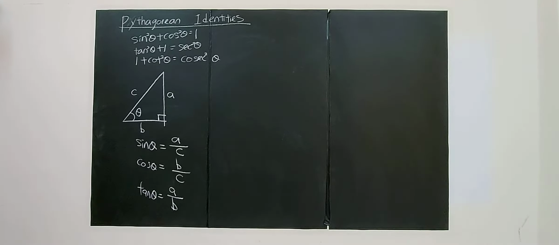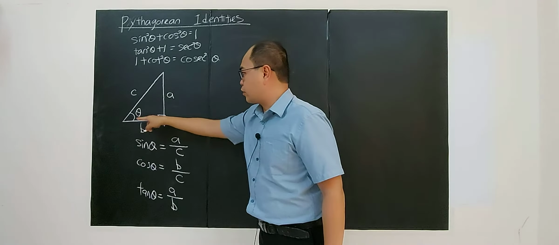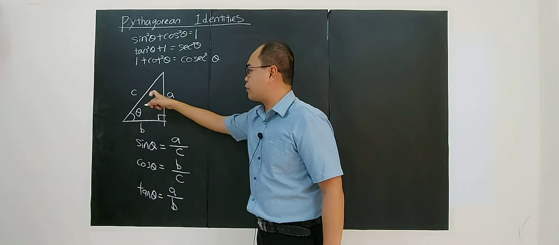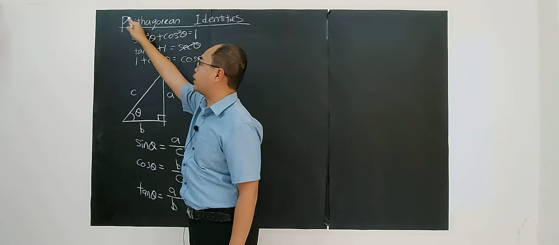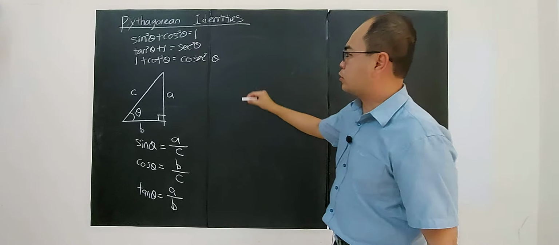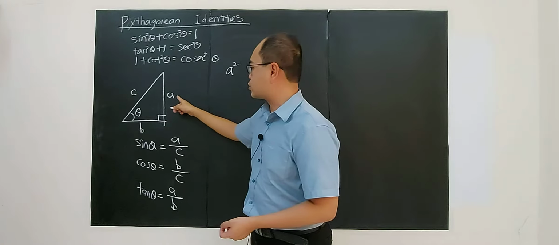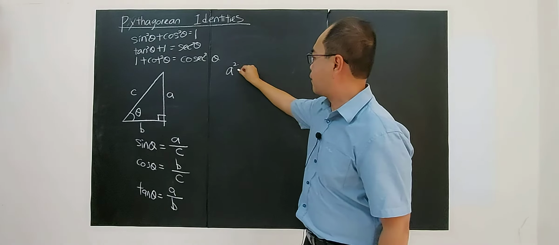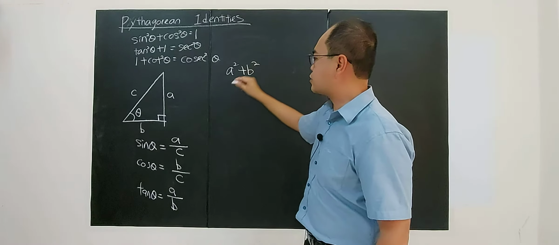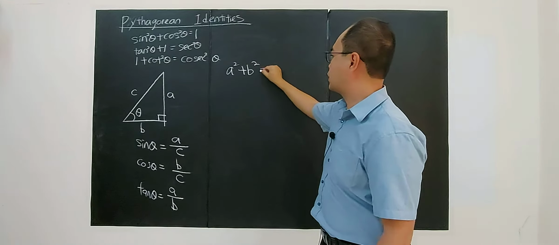Now, why do we name it the Pythagorean identity? It relates to Pythagoras. Pythagoras said that a square plus b square will be the same as the hypotenuse square.